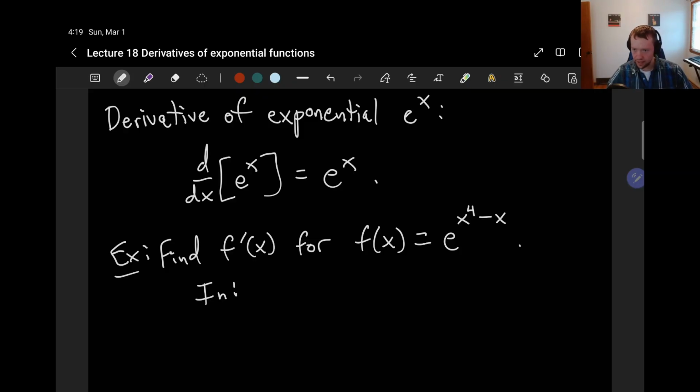"In" may not be the most intuitive word here, but it's the input. This is getting plugged into an e to the x. It's just that x is no longer the input, but this whole thing.